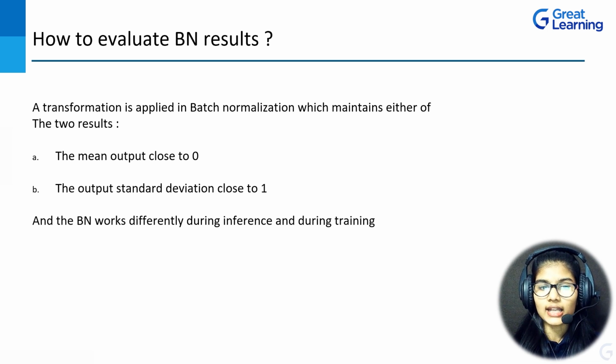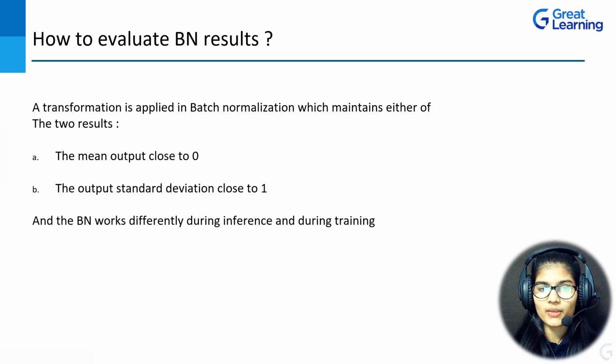So the output for the standard deviation will be close to 1. These are the two results which can come up after a transformation is applied in batch normalization.